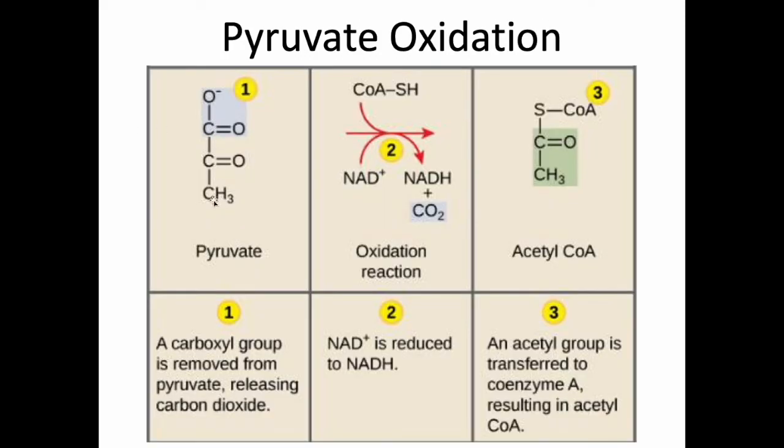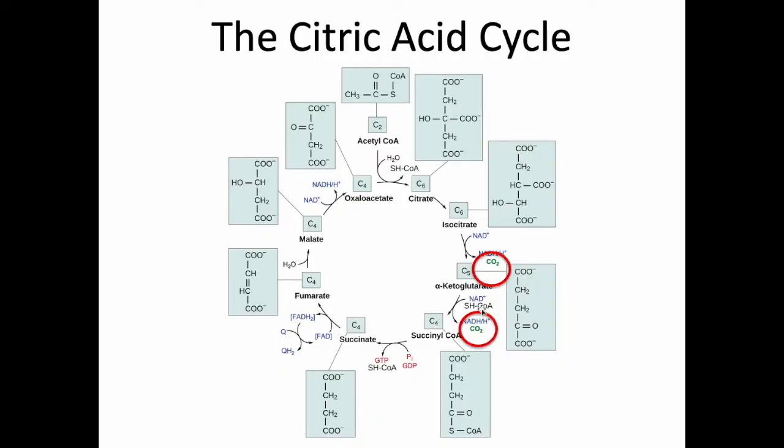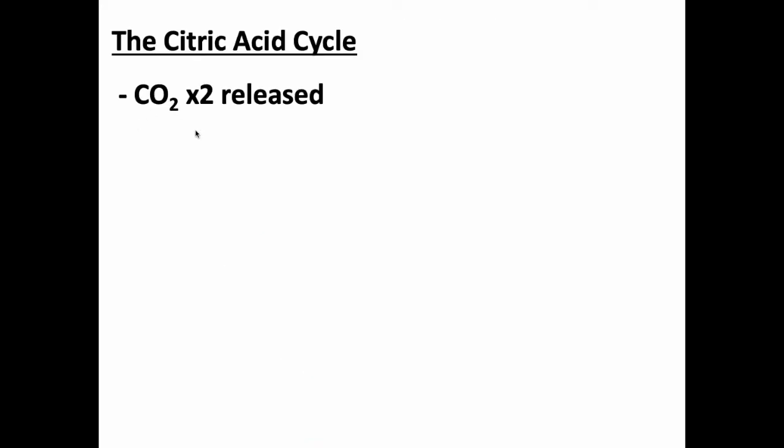We went to 3 plus 3, 2 pyruvates. We lost a carbon from each pyruvate in the oxidation. And here are the last 2 carbons from each pyruvate going to CO2. So by the time we finish the citric acid cycle twice, all of the carbons we started with in glucose are going to be released as CO2. So yep, CO2 times 2 is released for each acetyl-CoA.